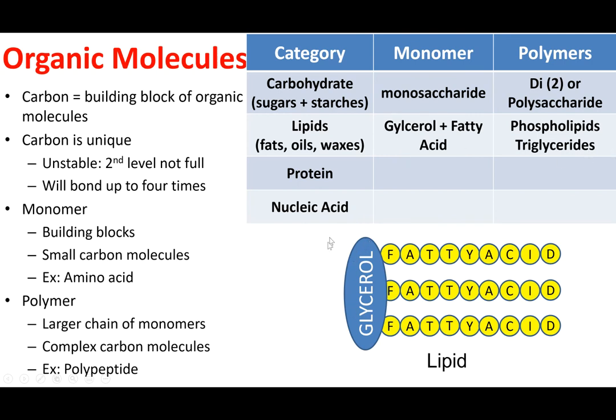The glycerol looks like a flattened ping pong ball, sort of, and the fatty acids are long tails. Phospholipids have two tails, and triglycerides, tri meaning three, have three tails.